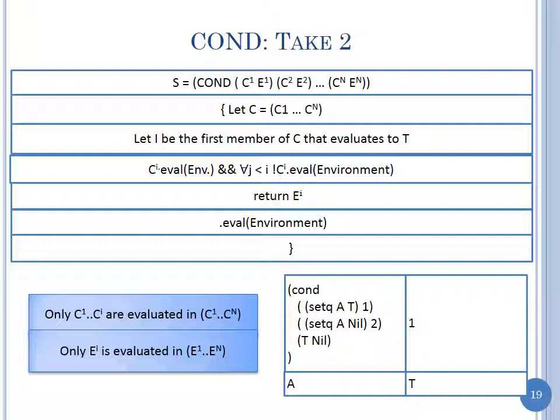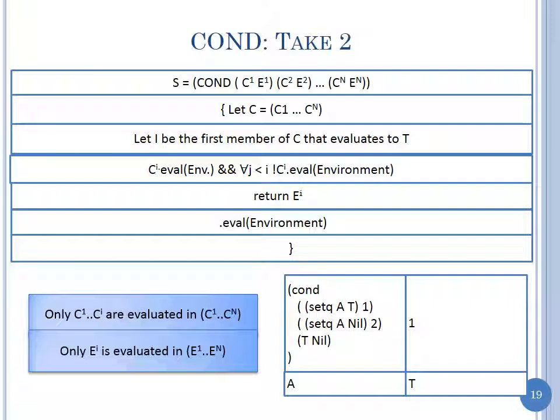Which means formally that Ci.eval is true and C1 to C(i-1) are all false, okay? And then we'll get the result back. So it's important that you don't evaluate all of these, okay?